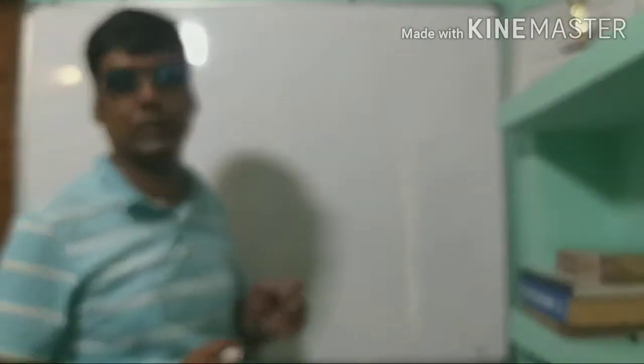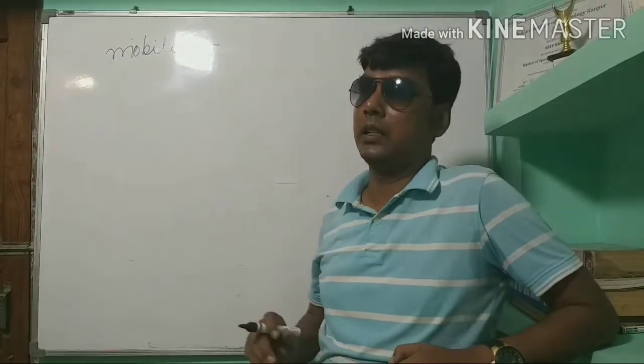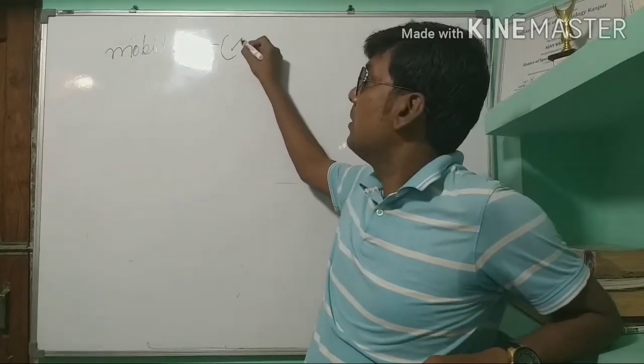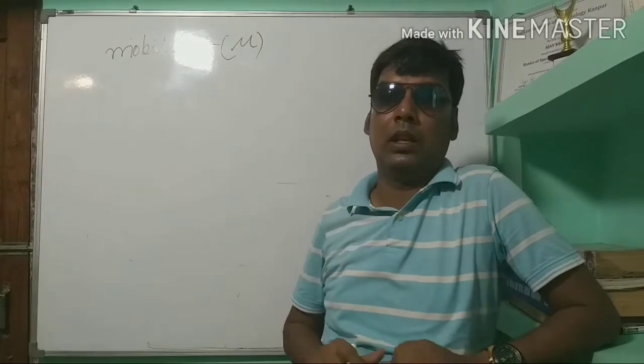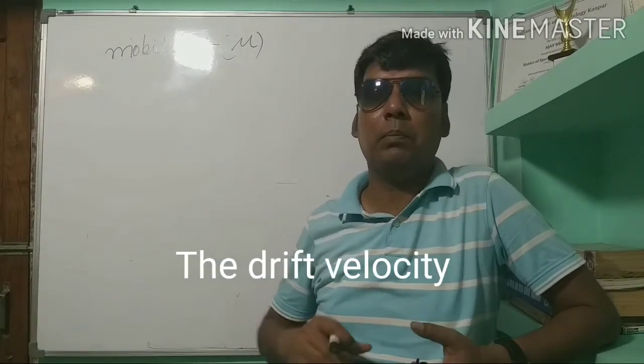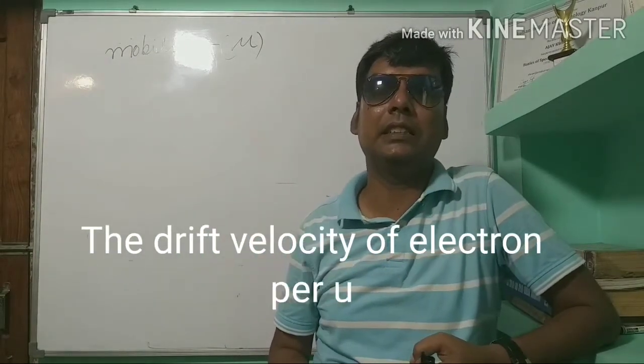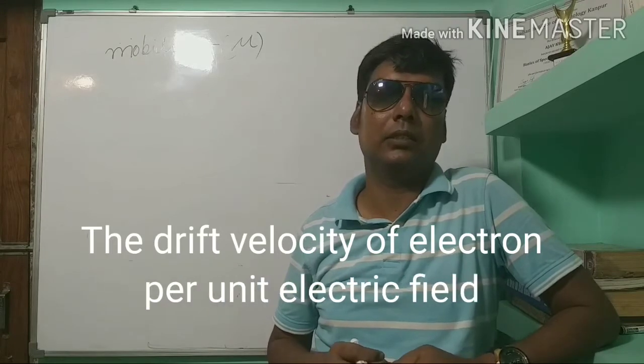Mobility is indicated by mu. The drift velocity of an electron per unit electric field intensity is called electric mobility.